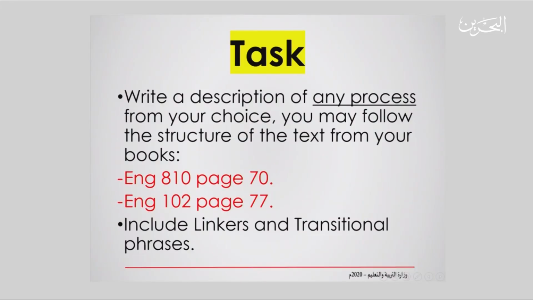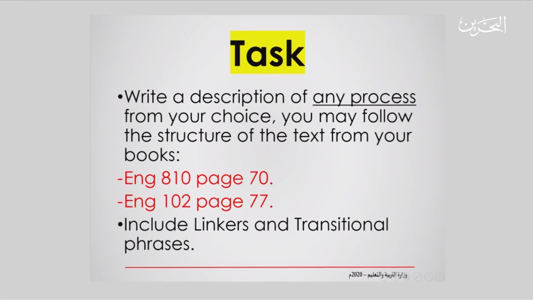Before I end my lesson, my dear students, I'll give you a very simple task that you could do at home. I'll ask you to write a description of any process of your choice. You can refer back to the examples that I gave you, or you can choose anything of your own. You may follow the structure that is mentioned in the book.